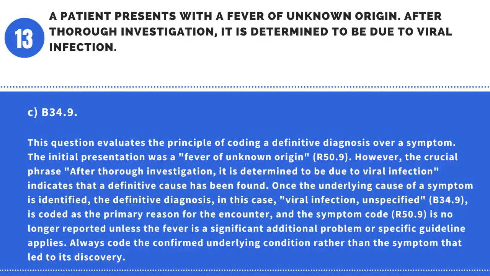Once the underlying cause of a symptom is identified, the definitive diagnosis, in this case viral infection, unspecified, B34.9, is coded as the primary reason for the encounter, and the symptom code, R50.9, is no longer reported unless the fever is a significant additional problem or a specific guideline applies. Always code the confirmed underlying condition rather than the symptom that led to its discovery.